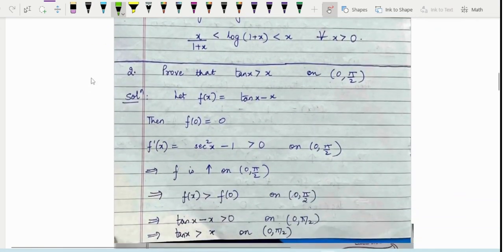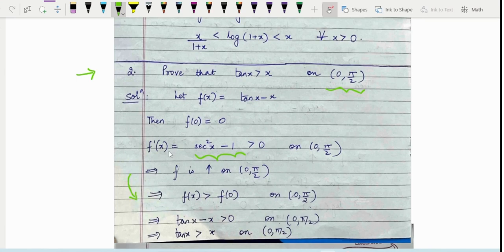Look at the second problem which has been included in this. We have to prove that tan x is always more than x in this domain (0, π/2). So again, using the same idea, you take everything on one side and call it f(x). So if f(x) is tan x minus x, it's easy to see that f(0) is 0. And the derivative of f(x) is sec²x minus 1, which is obviously positive on (0, π/2), because sec is the reciprocal of cos, and cos is always bounded by 1. So this expression is always positive, and hence f is an increasing function on (0, π/2), through the derivative test.